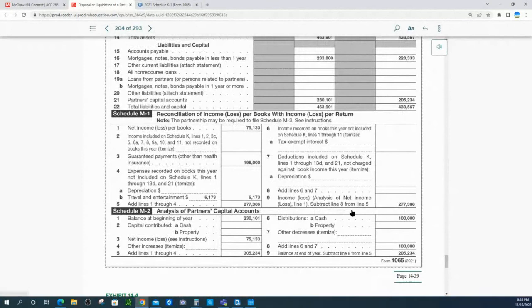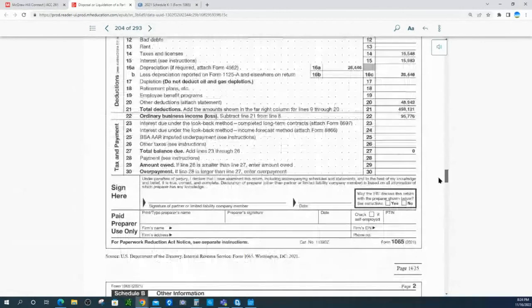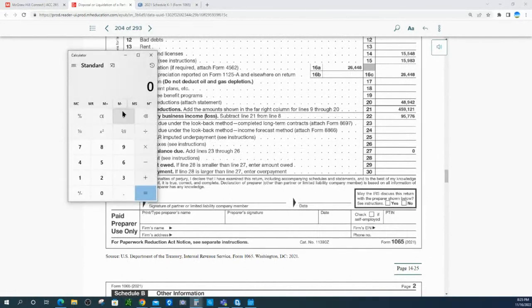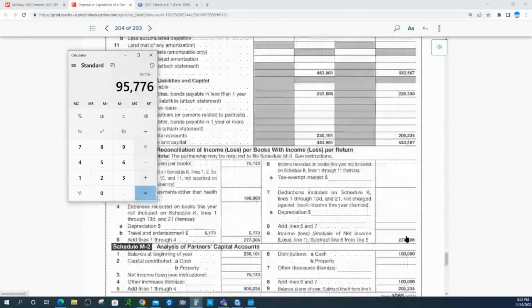Analysis of net income, subtract line 8 from line 5. Loss from return. Oh, so the 277,306, 95,776. Let me get the difference between those two because I think that's just an adjustment item. 277,306 minus 95,776 is 181,530.